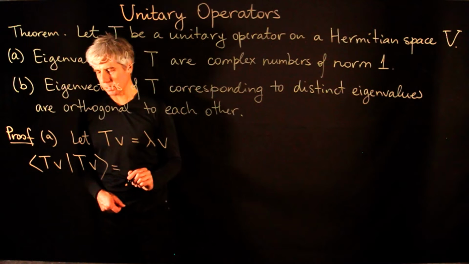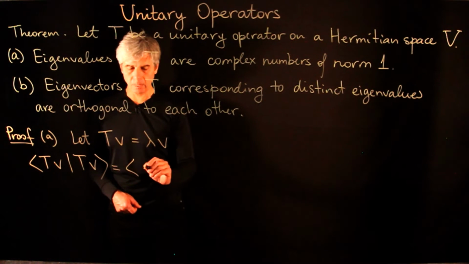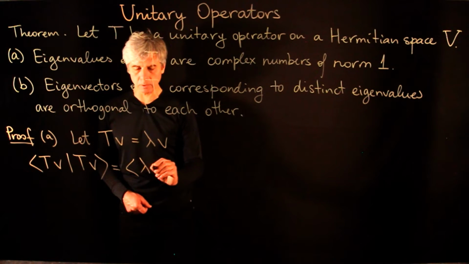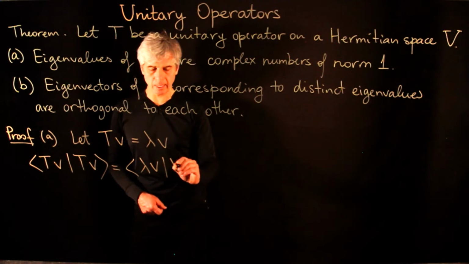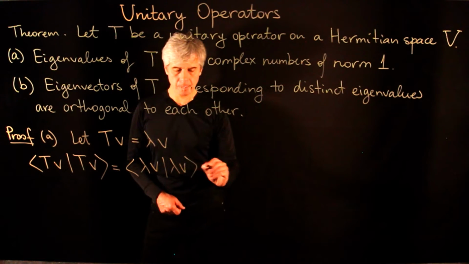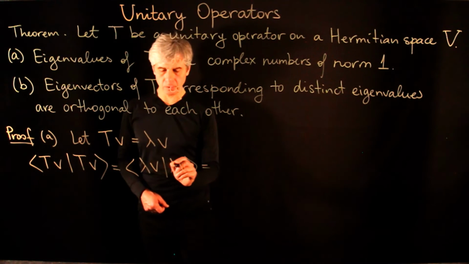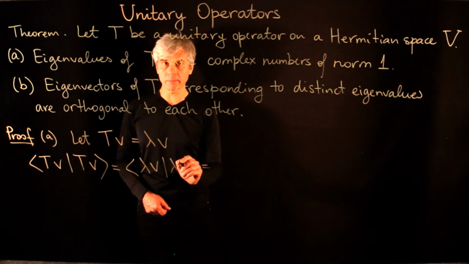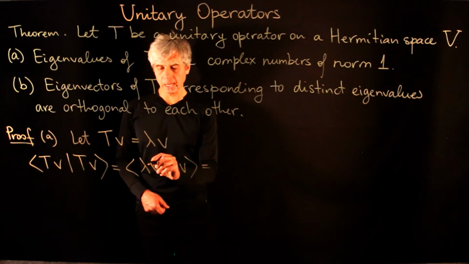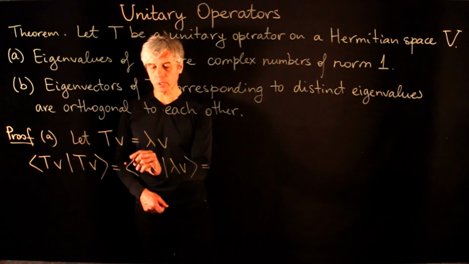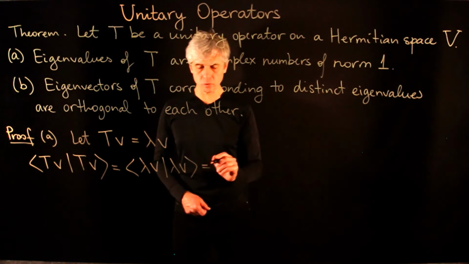This equals the scalar product of lambda v with lambda v. Here we can pull out lambda from the second factor, and from the first factor, when we pull out lambda, it comes with a complex conjugation.